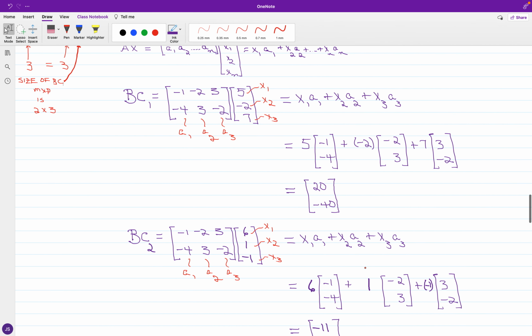The result is going to come out to -13 and -10. And with the 2 by 3, if I have the first column to consist of 20, -40, the next have -11, -19, and the last -13, -10, it's going to result that for the product B and C, that is going to be our result.